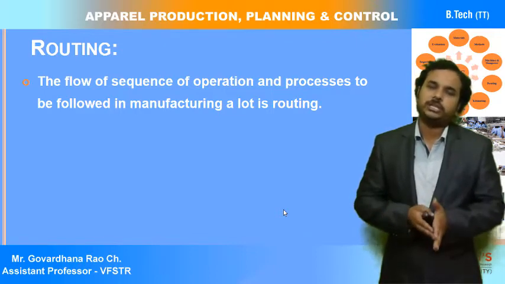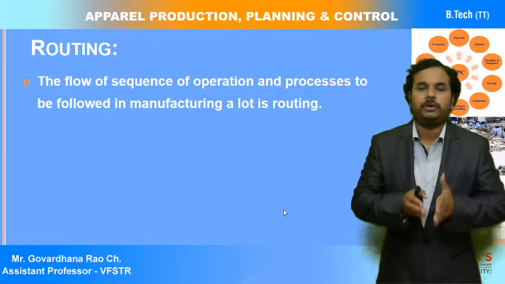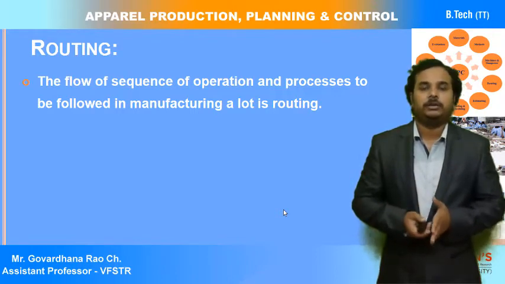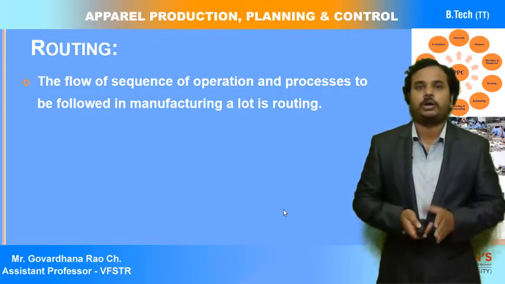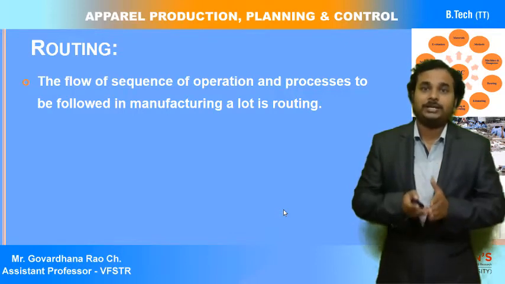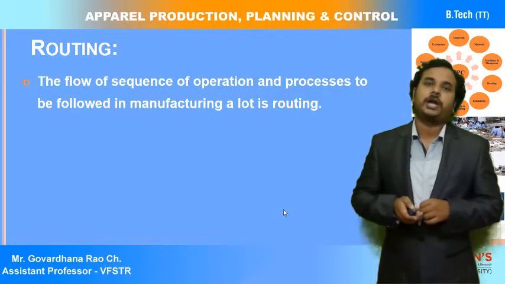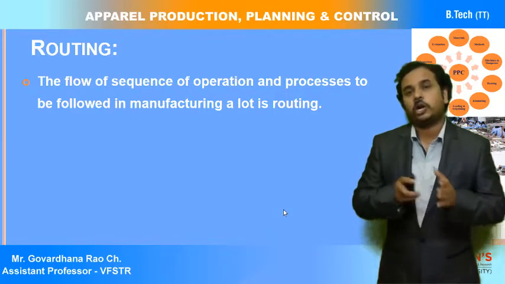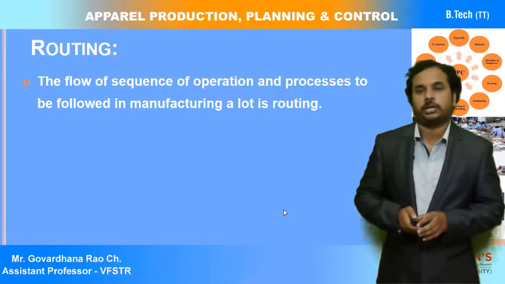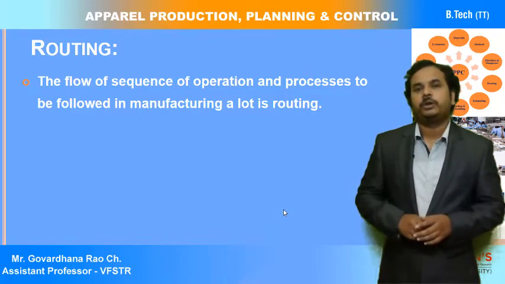The routing is nothing but exactly the route of the production line. That is also very important to get good efficiency, so that we do not lose any efficiency in the production line. We are reducing the idle time in the route.